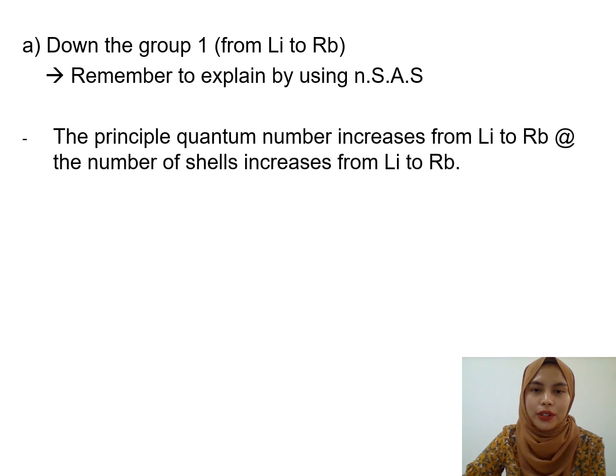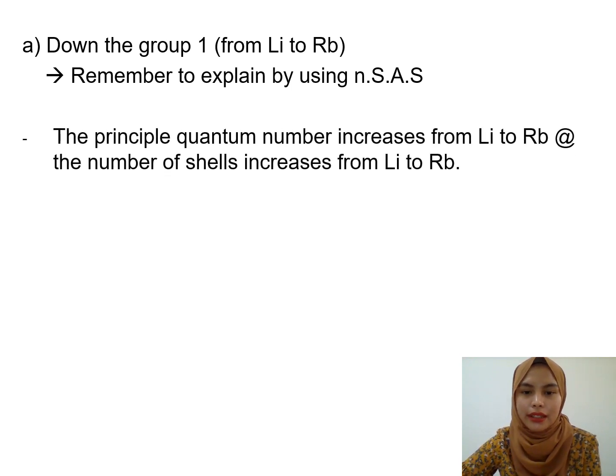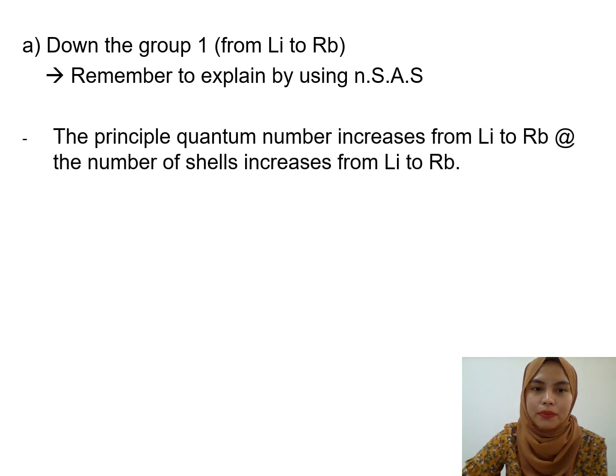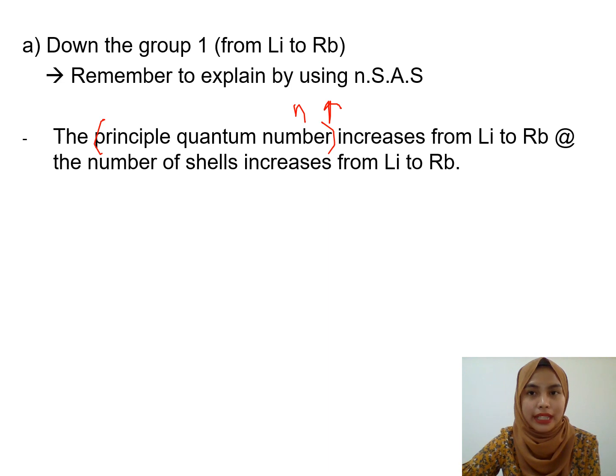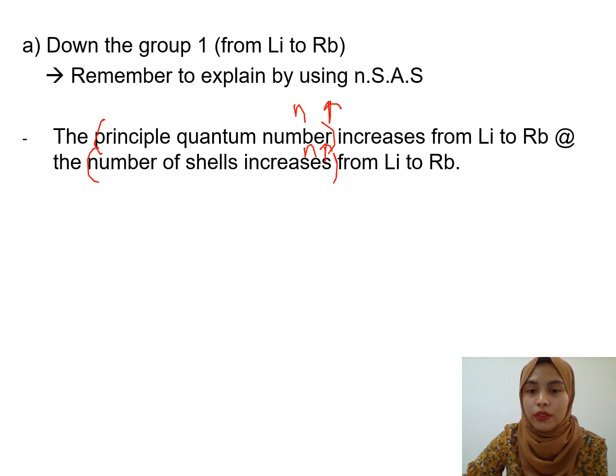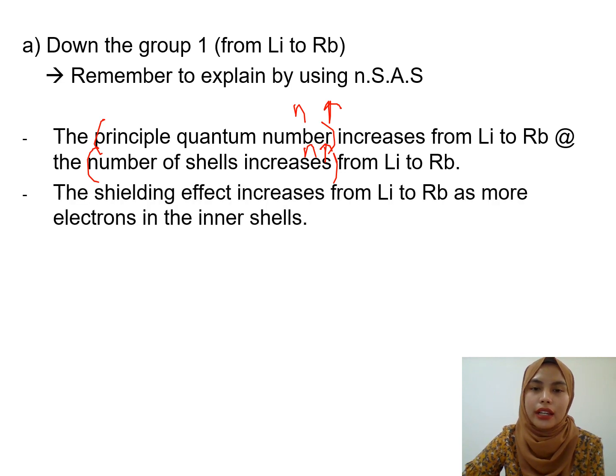Okay, so how do you explain it by using NSAS? Okay, the first point ialah principal quantum number, N lah tu kan, N increase from lithium to rubidium down the group. Okay, therefore the number of shells increases going down the group from Li to Rb.